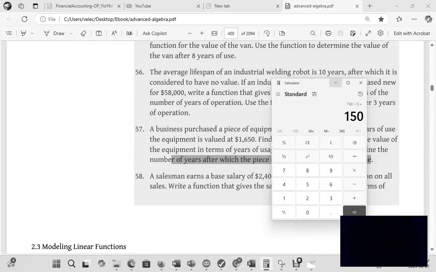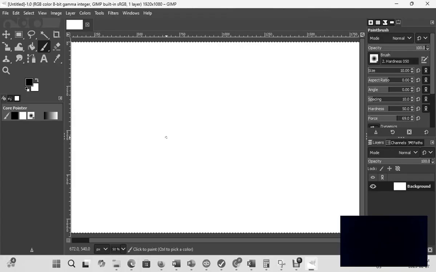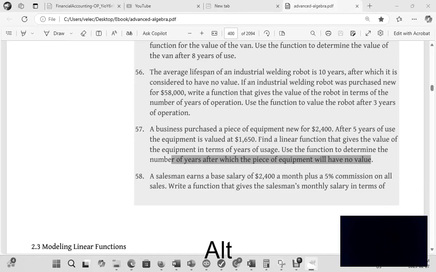Every year. Now that we have the depreciation expense for each year, we can figure out the number of years after which this equipment will have no value. So the equation will be something like this. You have $2,400, which is your starting point, the value of the equipment, plus 5 years of use of equipment.